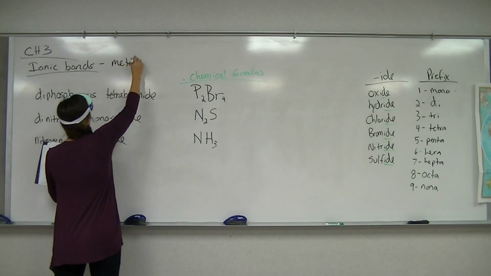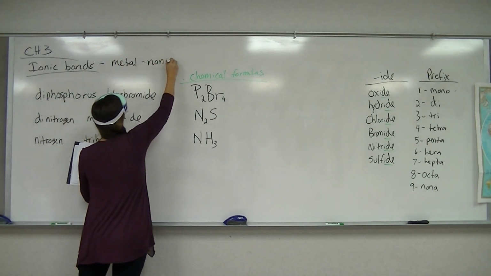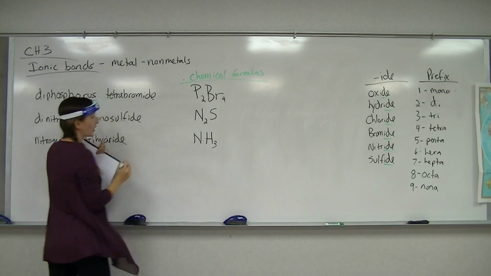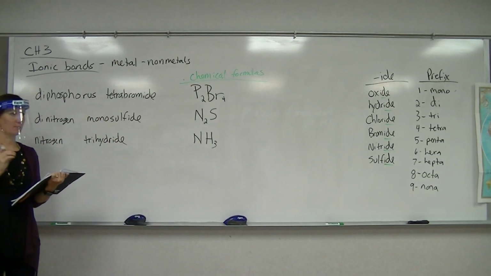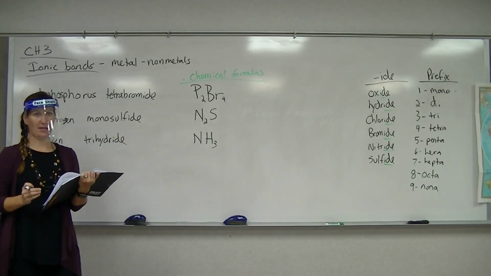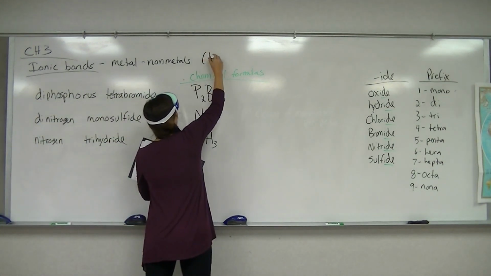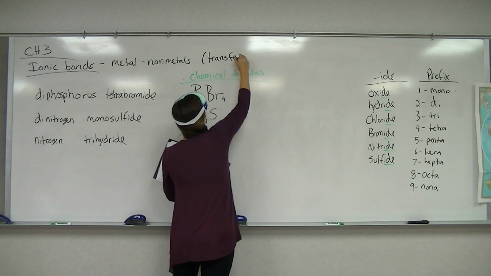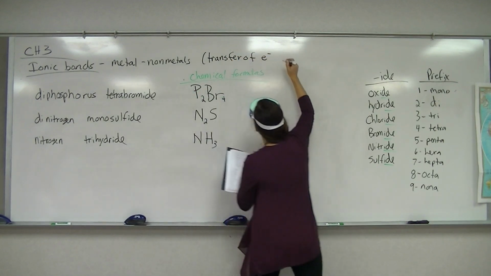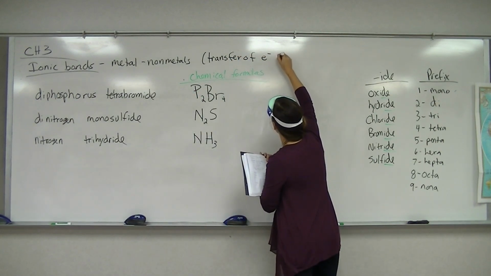That's not the only possible scenario, but that's where we're going to start. We're going to start by looking at just main group metals and nonmetals combined. Okay, so this is where we have a transfer of electrons. So that means ions are going to be involved.